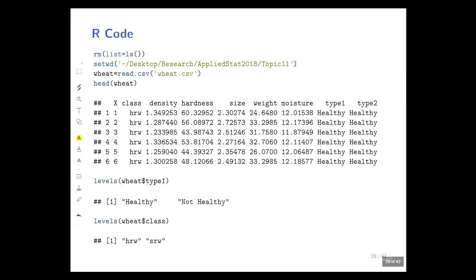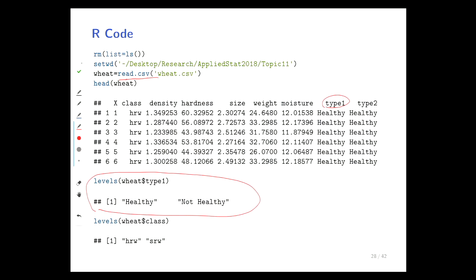So our response variable is type 1 in this data set. Firstly, you can use read.csv to read the data set in R. And then if you look at the levels of type 1, the levels function returns literally the levels of a factor in the data frame.